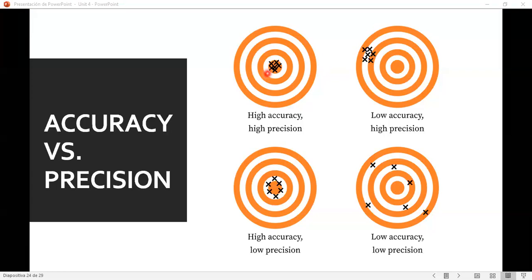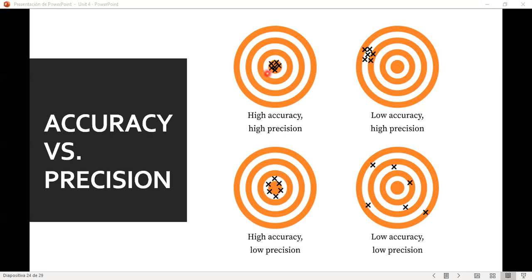That means we have a high accuracy and a high precision. But what will happen if we have low accuracy and the same high precision? In this case, you might see that the crosses are not in the center, but they are close together on the left side of the circle.